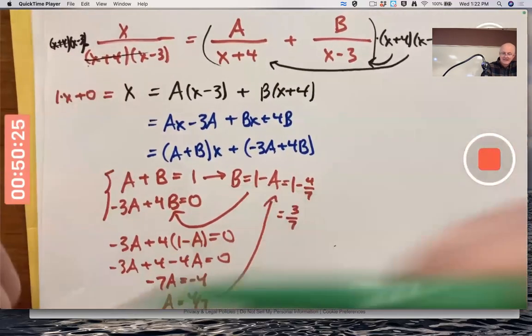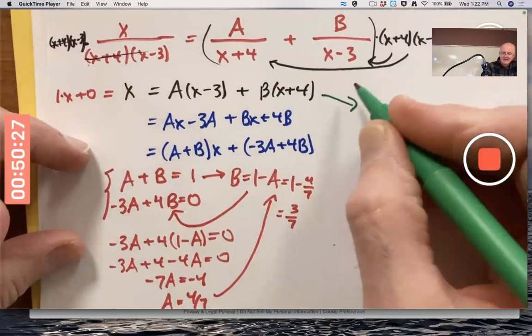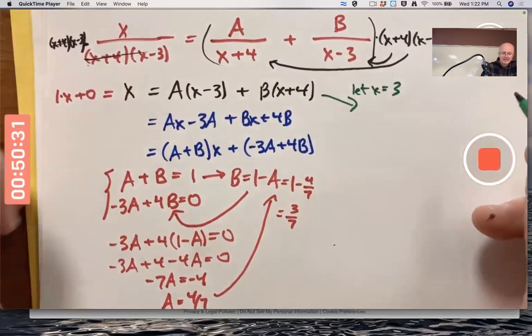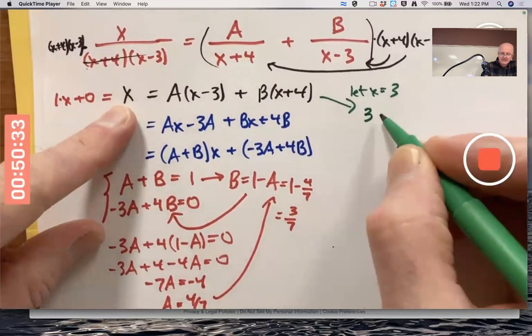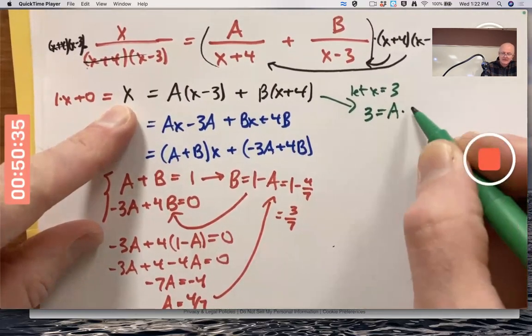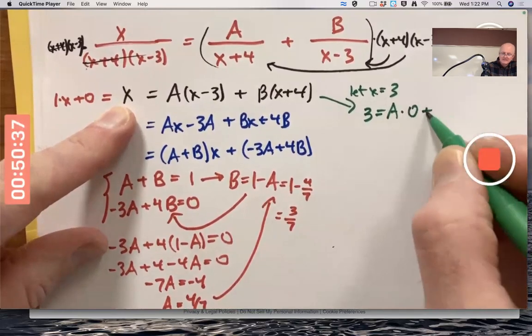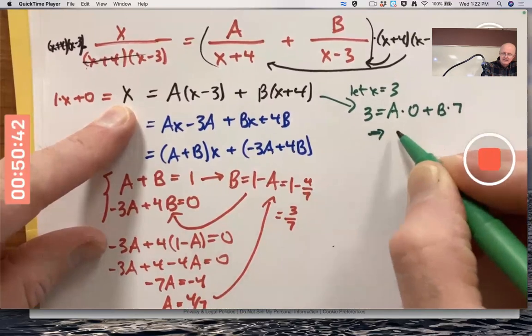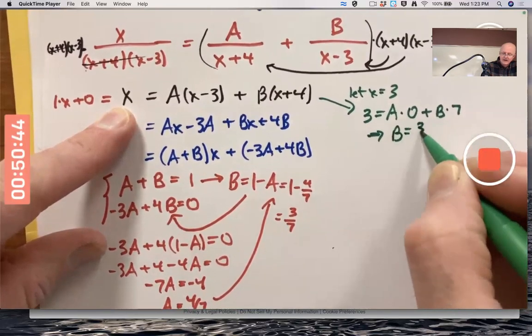See what I'm saying? If I take this equation and say, let x equal 3, then it becomes 3 equals a times 3 minus 3, which is 0, plus b times 3 plus 4, which is 7, and therefore b is 3/7 right away.